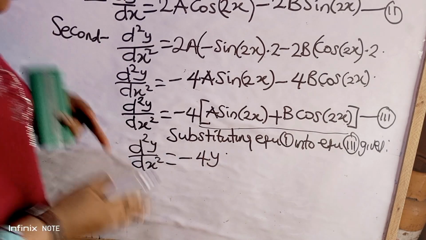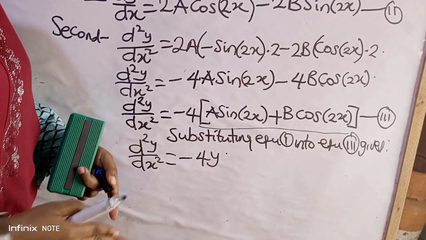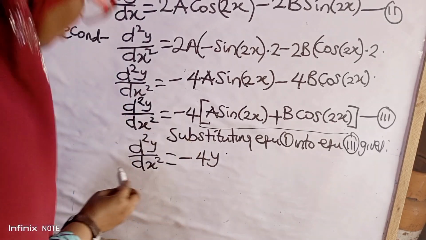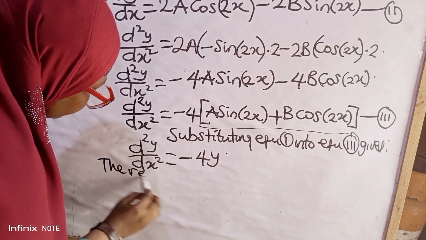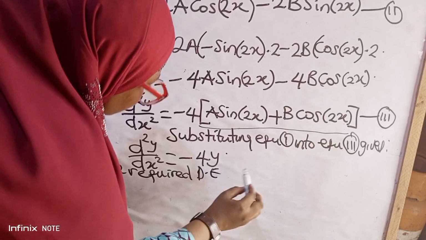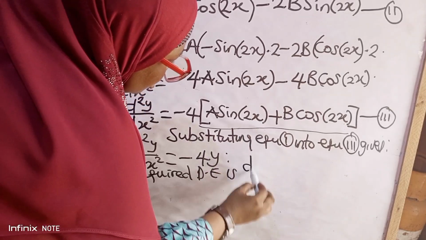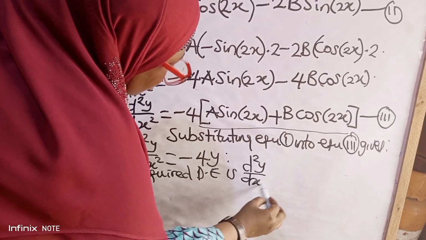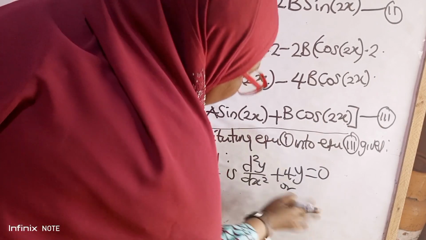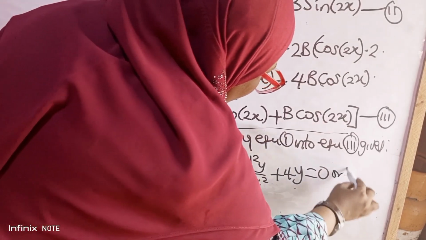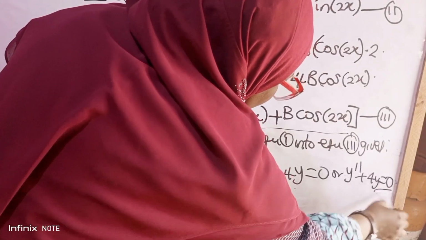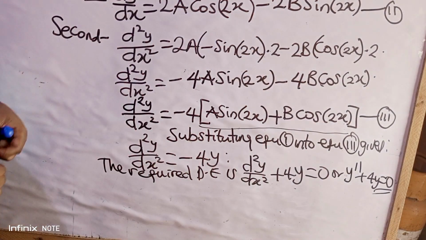The last step says that after the elimination of all the constants, the remaining equation is the required differential equation. So the required differential equation is d squared y/dx squared plus 4y equals 0, or you can write it as y double prime plus 4y equals 0. So that is the required differential equation.